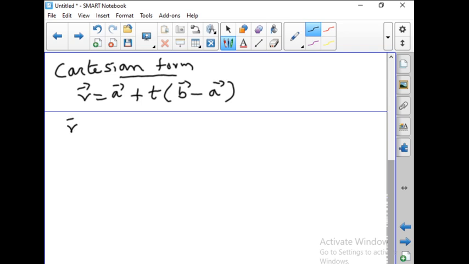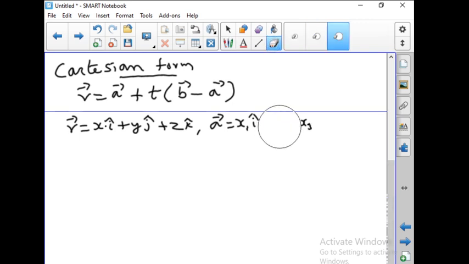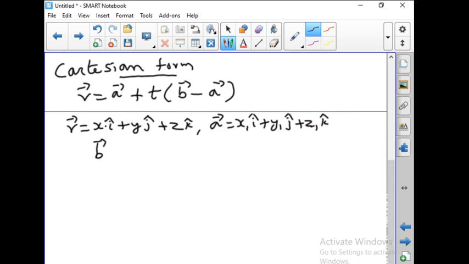Therefore, consider r vector is equal to x i cap plus y j cap plus z k cap, and a vector is equal to x1 i cap plus y1 j cap plus z1 k cap, and b vector is equal to x2 i cap plus y2 j cap plus z2 k cap.